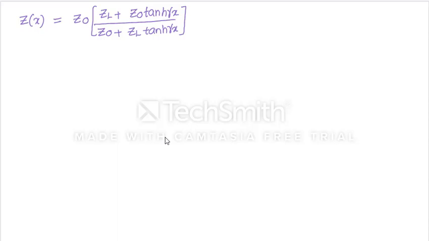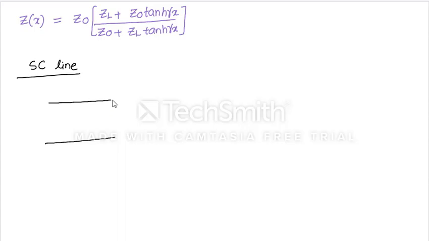Now you can see this thing here. Consider my transmission line where the load is short circuited. A short circuited transmission line, SC line, means what happens now here?